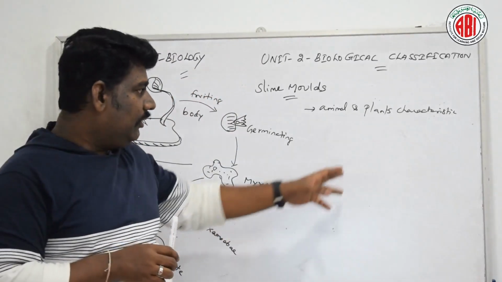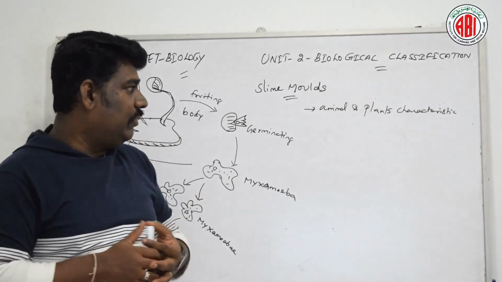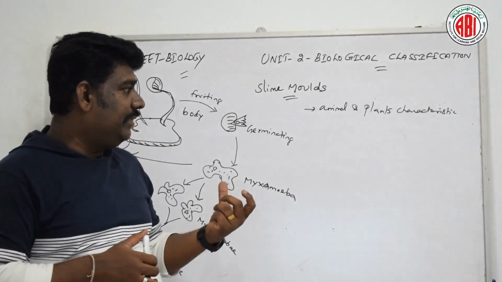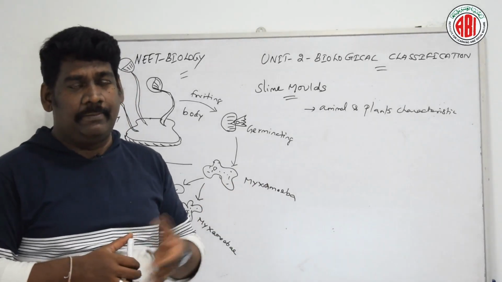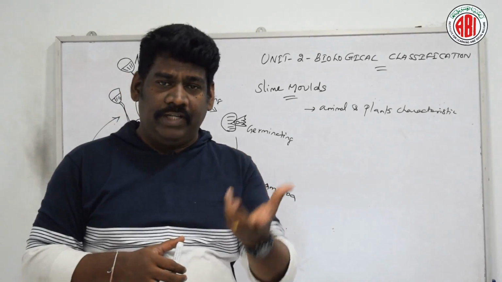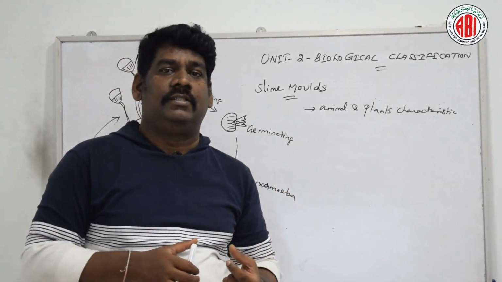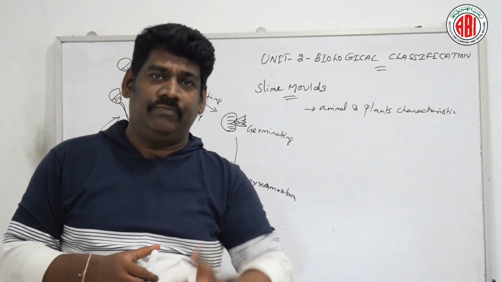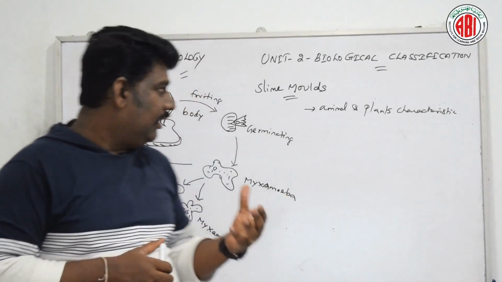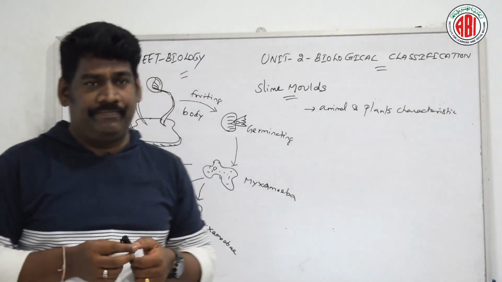When we talk about the different forms of the reproductive stages, the organism resembles the plant's characteristic features by forming fruiting bodies, undergoing germination, and the seeds developing into fruit bodies. All of these are familiar characteristic features of plants.